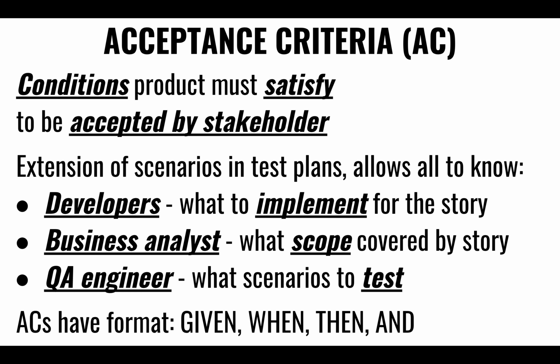We covered it somewhat in an informal manner, but there's a formal way of capturing acceptance criteria, or AC, where we format it using keywords such as given, when, then, and.